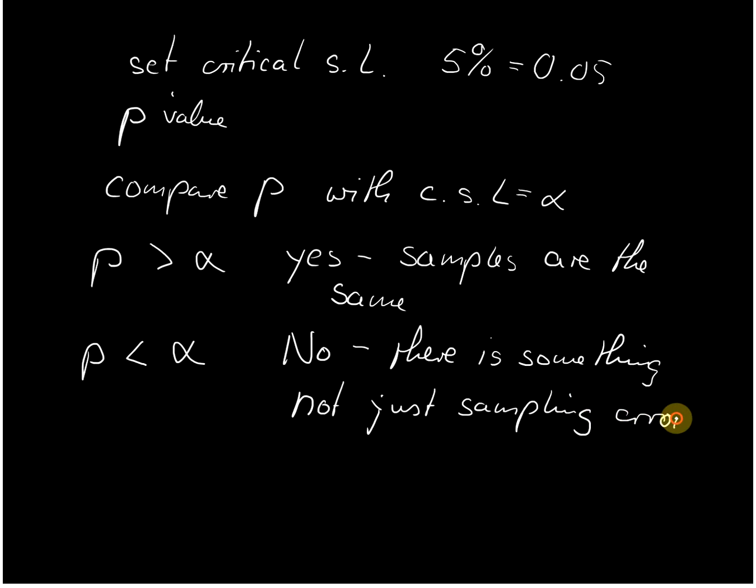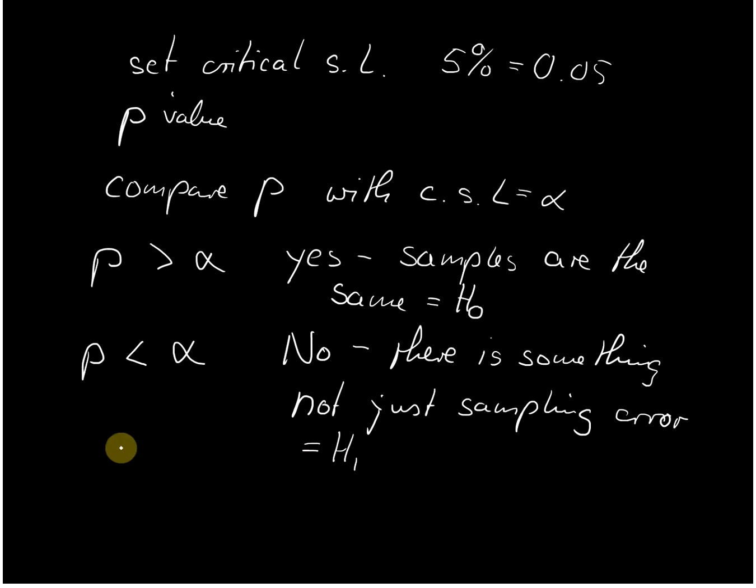And in a way, this makes life quite easy. Because if we go back to our hypothesis, we said this here is resembled by the null hypothesis. Samples are the same. So that is stated in our null hypothesis. And this here would be the alternative hypothesis.